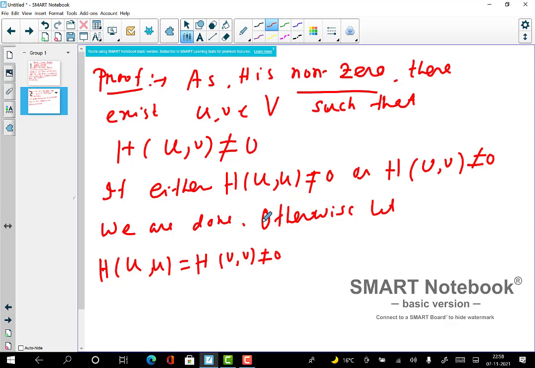Otherwise, both are 0. In this case, choose my vector x equal to u plus v. If I choose this, then what happens?